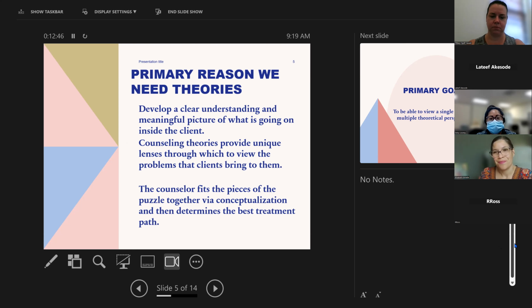Did you say you're beginning to see how these puzzle pieces come together? Yes. For example, when we were talking earlier about the alliance formation, or tip number 1, to identify a key dynamic that needs to change by the end of the first session, in my head I was thinking about narrative counseling, where we separate the person from the problem.